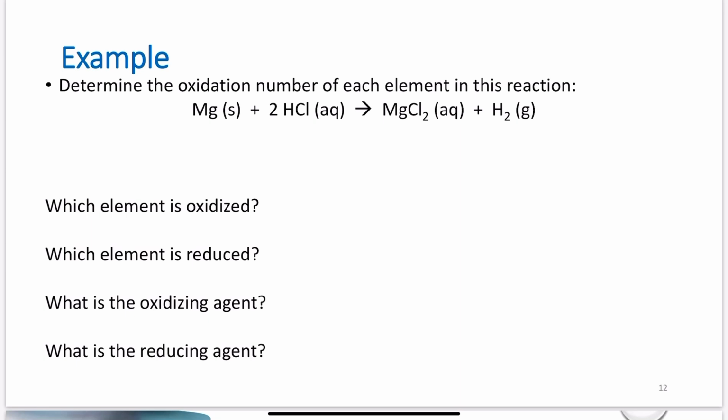Magnesium chloride is an aqueous species, so really what's happening in solution here is this is really Mg2+ and 2 Cl-, right? This is really H+, 2 H+, and 2 Cl-. So the chloride ion is a spectator.